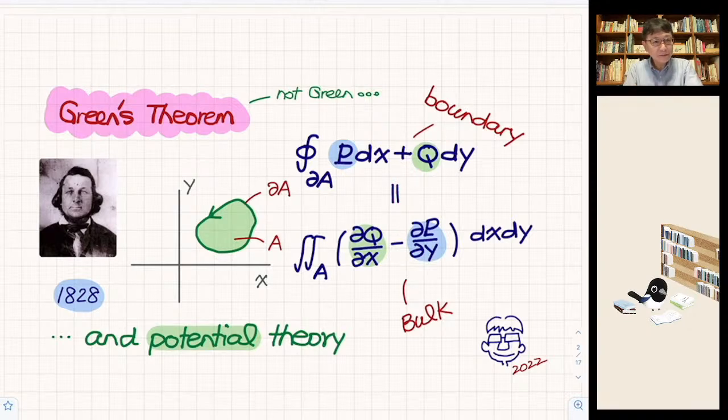How can this be true? How can a bulk integral equal a boundary integral? If you exaggerate a little bit, this is almost like you can judge a book by its cover. Instead of reading the book, you just read the cover and then you know everything.